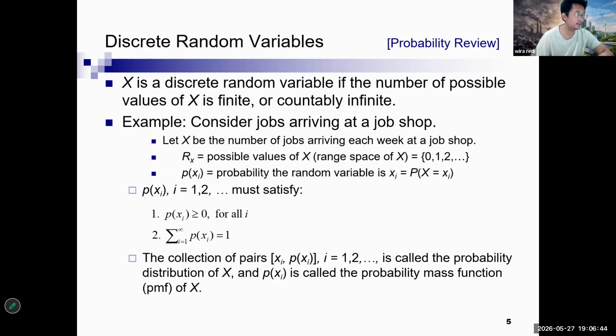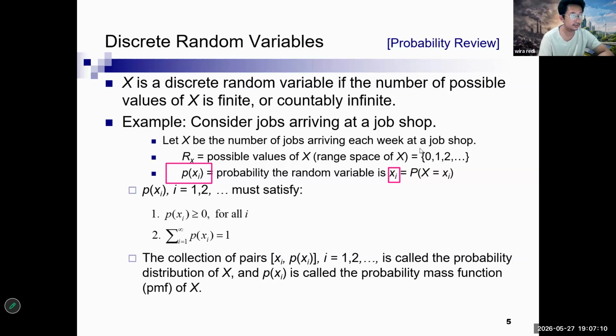And the probability of the appearance of those random variables is denoted by p_i, which is here, the probability of x, where x represents the value of those random variables and i is the index.